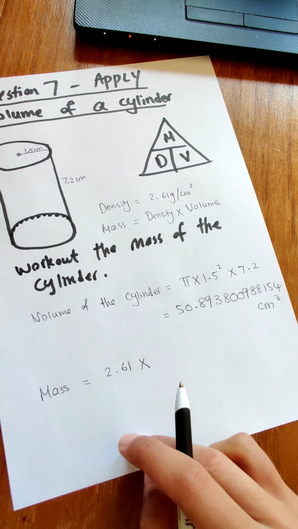And then when we do that in the calculator, we get 132.8328 2057 908.